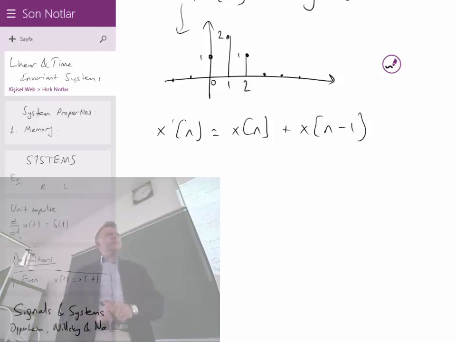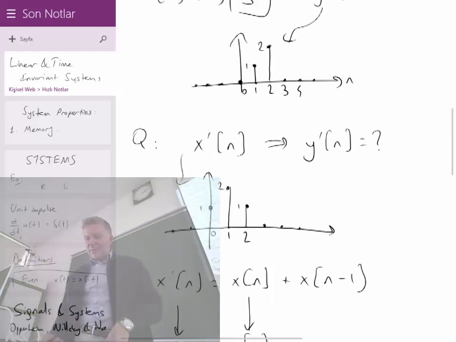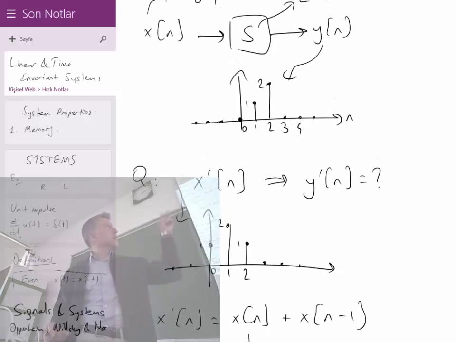And we know that this is a linear and time invariant system. So what would be the response to x prime of n? It will be called, let's say, y prime of n will be equal to what? It will be the response to this. What is that? Y of n. This shape in the middle at the top.